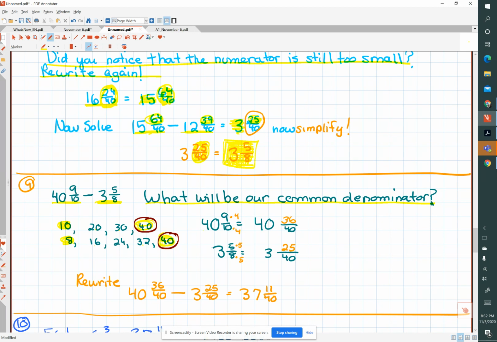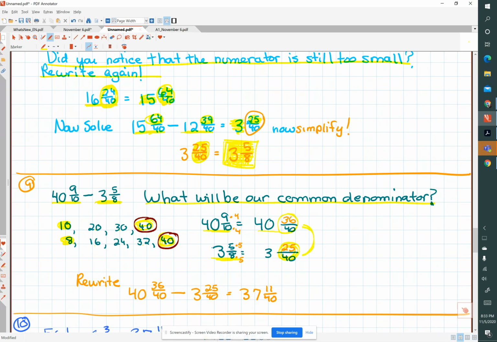Let's rewrite 40 and 9/10 as 40 and 36/40. We multiply both the denominator and the numerator by 4 to get us that 36/40. Let's rewrite 3 and 5/8 as 3 and 25/40. And in this case, we multiplied both the numerator and the denominator by 5 to give us 25/40.